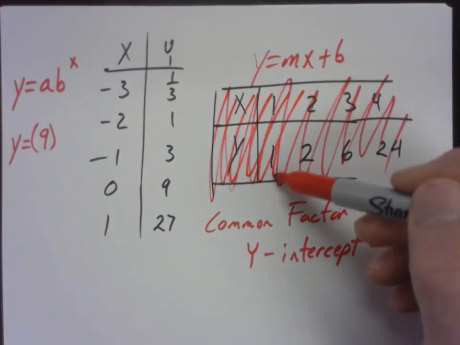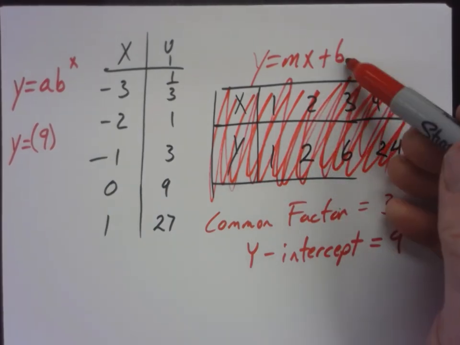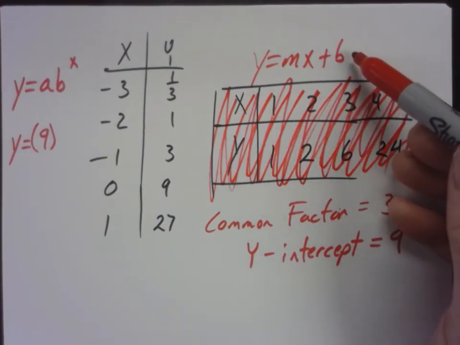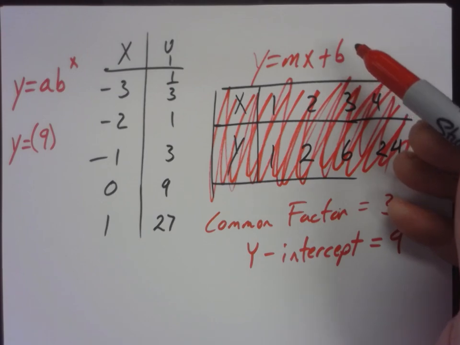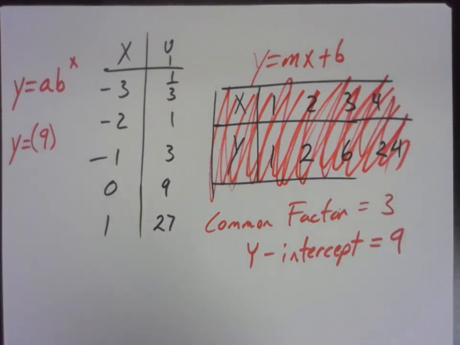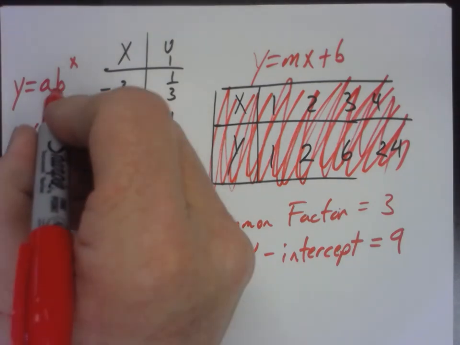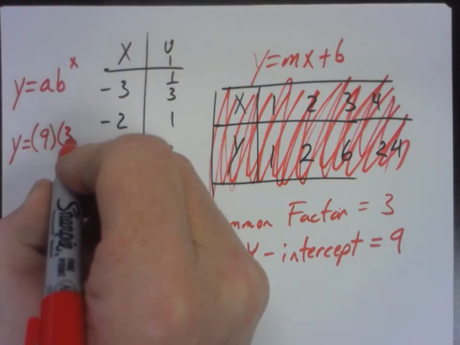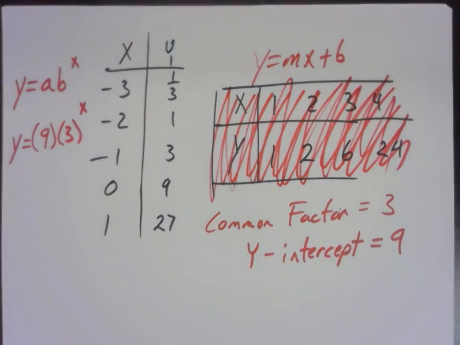You've always learned that the y-intercept is b, haven't you? Well, math can't be easy, can it? So in this case, the y-intercept is a, and then the common factor is the b to the x.